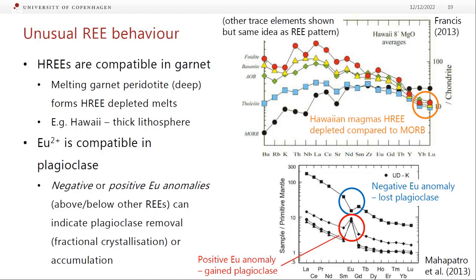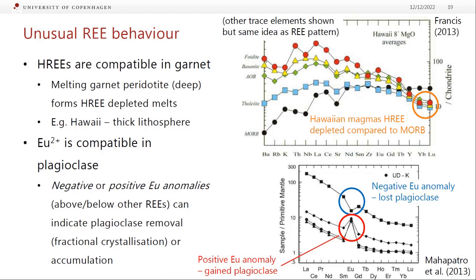So we have our MORB, which is this black pattern, and you can see that in the heavy rare earths to middle rare earths, it's pretty flat. And then it kind of goes off the cliff because it's depleted in the most incompatible elements. You compare that to a Hawaiian magma, and here's a Hawaiian tholeiite, so we know this is also high degrees of melting. In the middle, it's pretty flat. But the heaviest rare earths are quite low compared to the MORB.